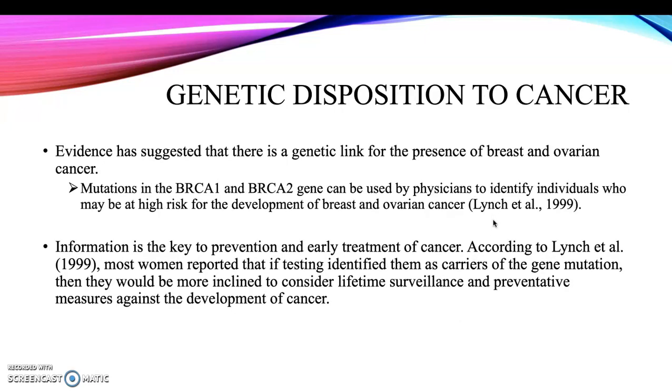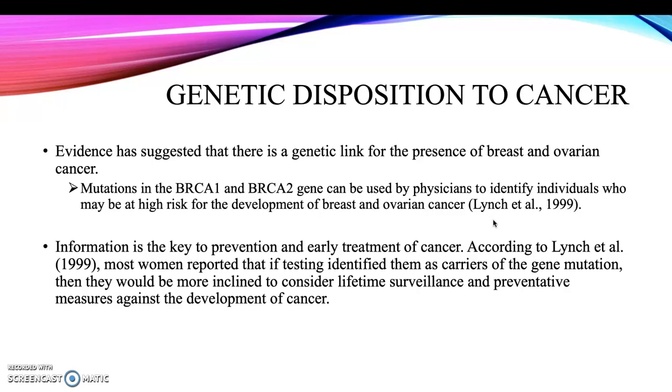Genetic disposition to cancer. Evidence has suggested that there is a genetic link for the presence of breast and ovarian cancer. Mutations in the BRCA1 and BRCA2 gene can be used by physicians to identify individuals who may be at higher risk for the development of breast and ovarian cancer. Information at this point is key to the prevention and early treatment of cancer.